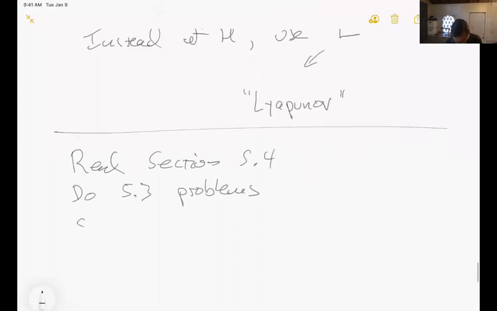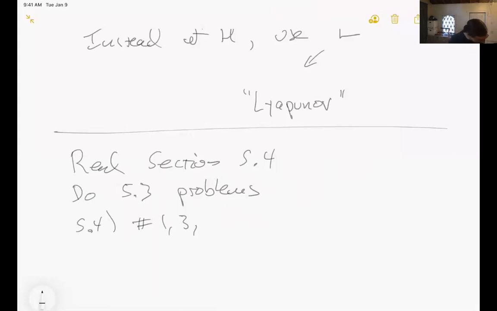And then in section 5.4, I would try a couple of those problems. So some good ones, number one's a very reasonable problem. There's not that many that I think are good problems. Let me just look real quick. I looked at these earlier, then I stupidly didn't write down which ones I thought you should do. 3 is good. 5. 4 through 11 is just more stuff about the undamped pendulum.